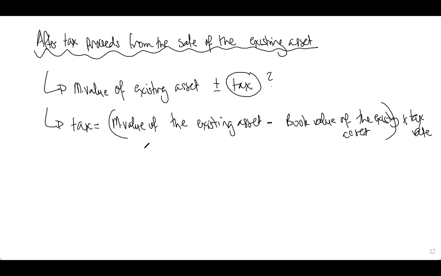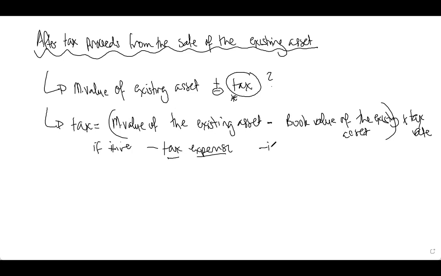If the answer we get is positive, it means we have a tax expense. So the answer that we substitute here, we will put as a negative. If the answer is positive, it means we made a profit, so we have a tax expense, and we subtract it when calculating the after-tax proceeds.